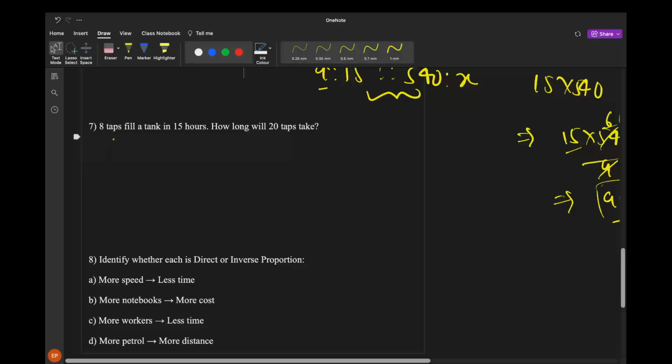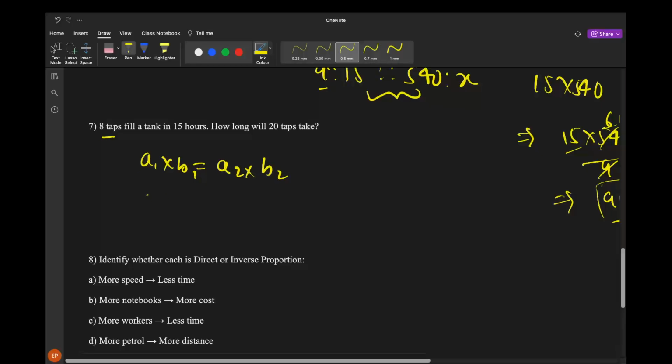Can we try this? Is it direct or inverse? Yes, it is inverse. 8 taps fill a tank in 15 hours. How long will 20 taps take? If taps are increasing, time will reduce, right? Means A1 into B1 is equal to A2 into B2.